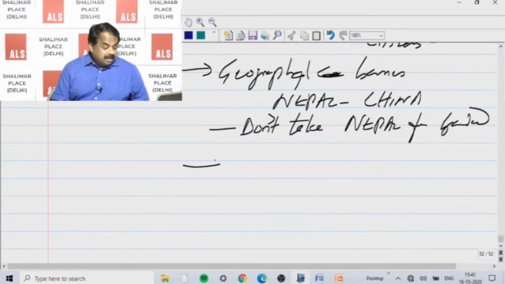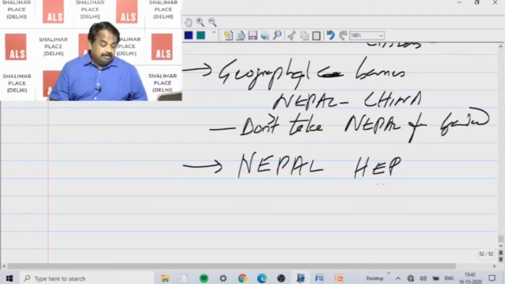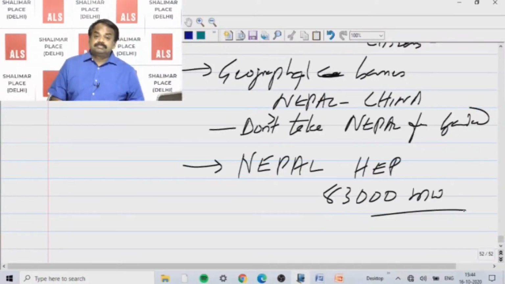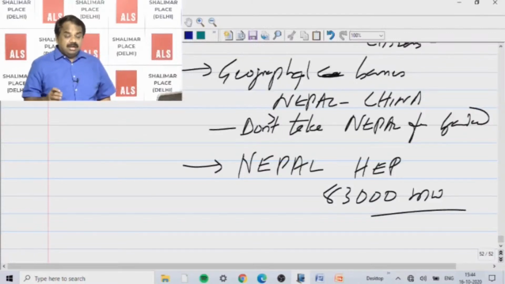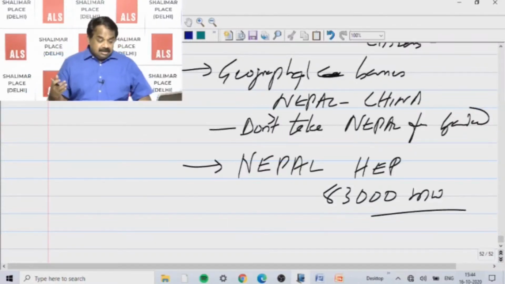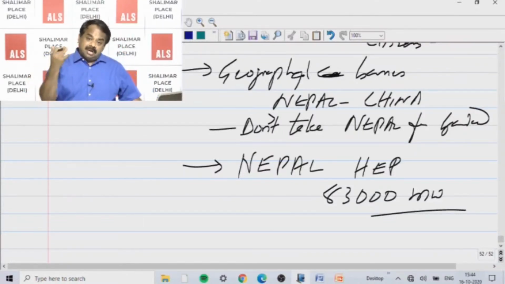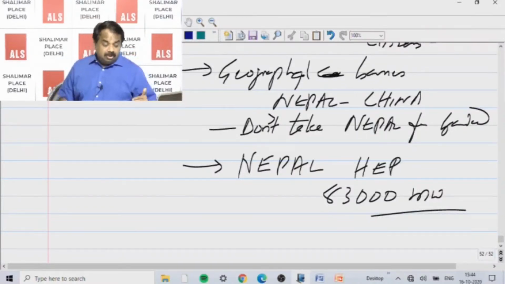Another point, shared interest and shared progress, I already said. Nepal has a hydroelectric power potential of 83,000 megawatts because of these rivers, and even in India, in the Ganga system, 40% of the water comes from Nepal. So, with 83,000 megawatt potential, India, especially North Indian states like UP and Bihar, needs cheap electricity.